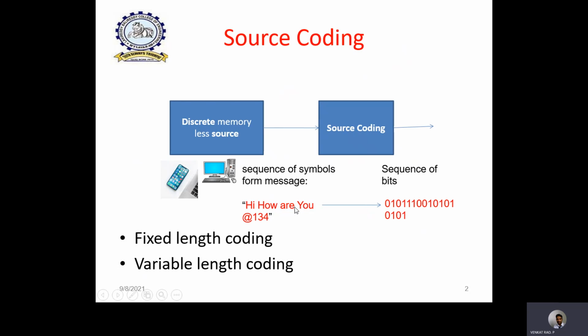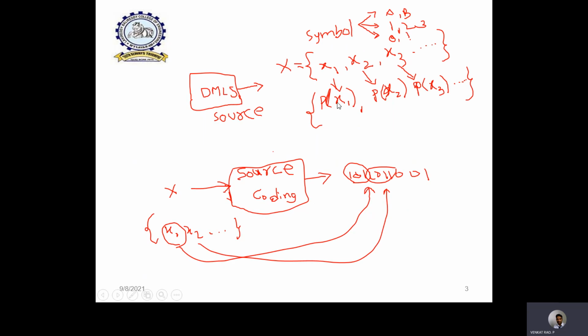Depending on the occurrence of symbols in this message, we can calculate the probability of each and every symbol. Suppose H is repeating, that means the probability of H is high, but Y is not repeating, so the probability of Y is less. Like that, for each and every symbol we have a probability.